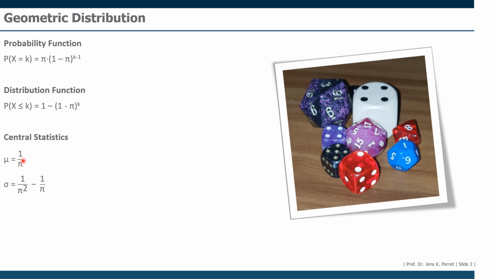The mean is simply 1 divided by pi. And the variance is 1 divided by pi squared minus 1 divided by pi, or rather minus the mean. Or in other words, we could even say what we have here is nothing else than mean squared minus mean.